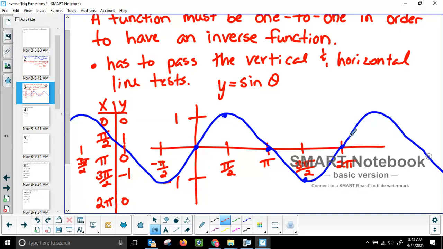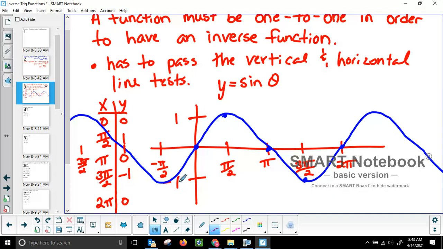We keep going in the negative direction, keep going in the positive direction here. Okay, so where can I cut this graph so that it would pass the horizontal line test? And we want to keep it around the origin, right? Of course, there's infinite places where we could, but I don't want to come way over here somewhere and say, okay, well, I only want to look from here to here, right?